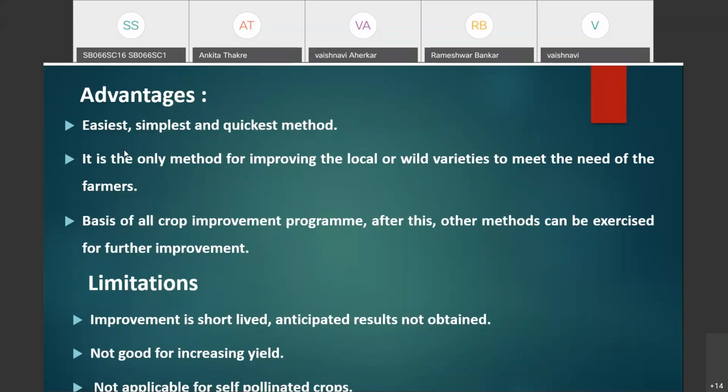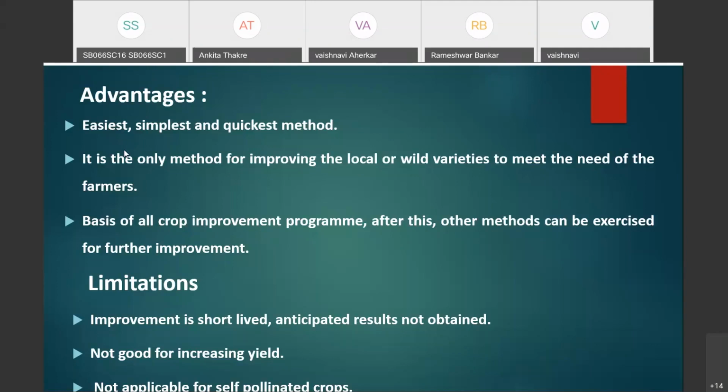Advantages, first one, it is the easiest, simplest and quickest method of crop improvement in the cross pollinated crop, because in this method we just have the field technique, there is no testing of variety. In the 8th year the new variety is produced, and that variety is not tested for a number of generations. That's why it is easiest and simplest.